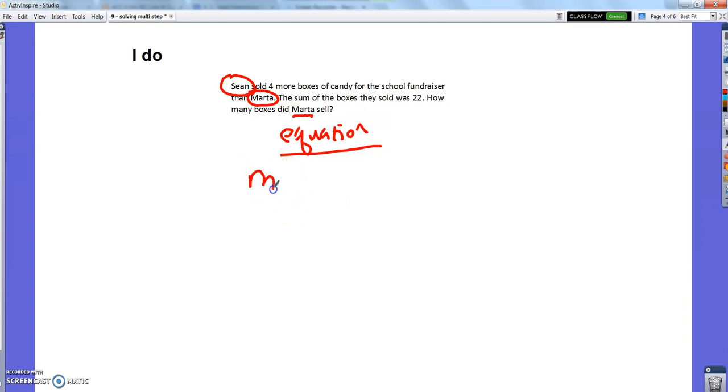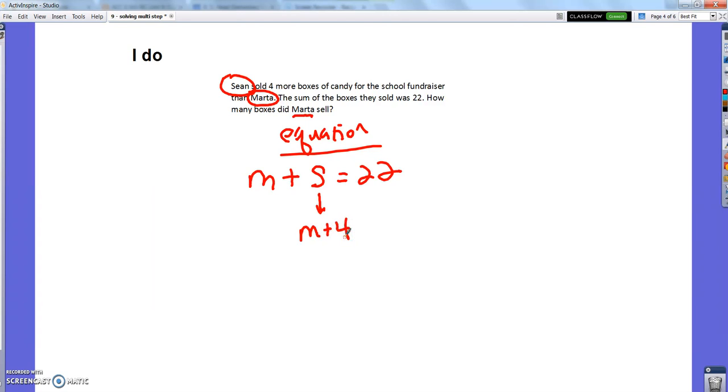So I have Marta plus Sean equals 22, but I have some information about one of these. I know Sean sold 4 more boxes than Marta. So instead of writing Sean with an S, since he sold 4 more than Marta, that's the same as Marta plus 4.